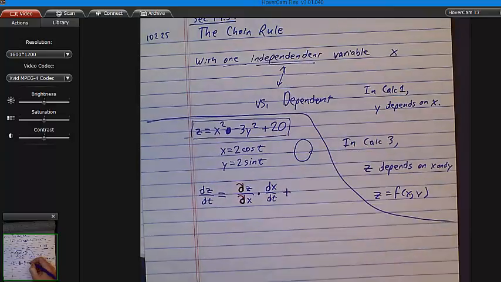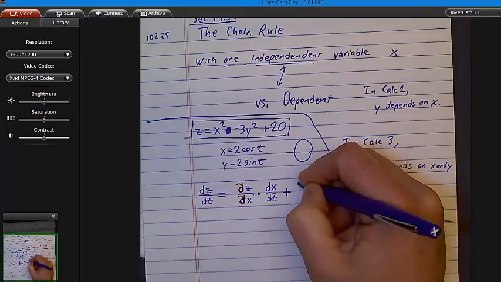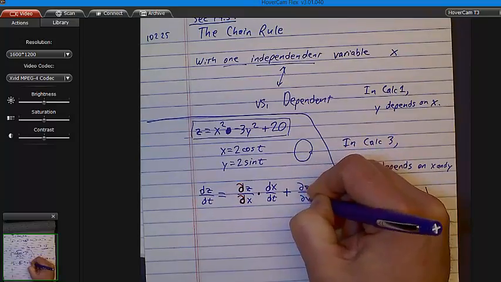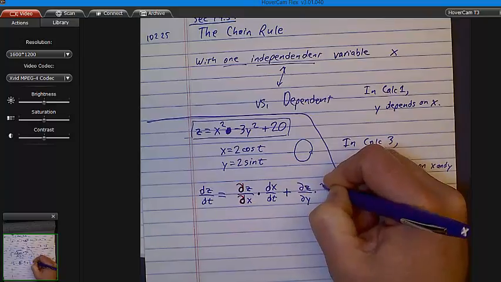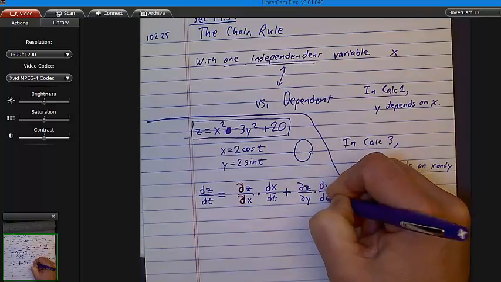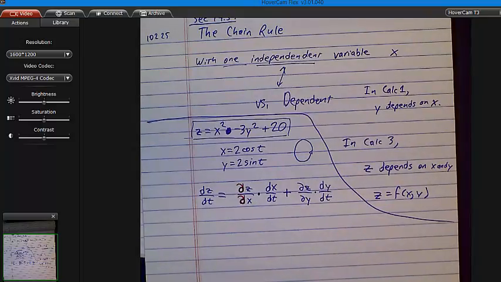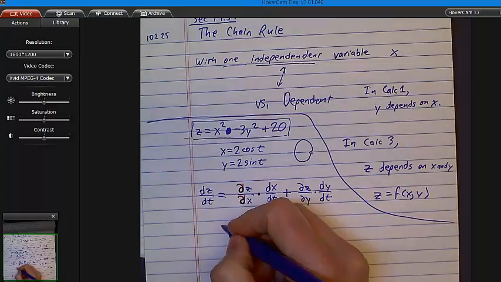Plus curly d z dy times dy dt. Regular dy dt. So that's the chain rule. The chain rule says this is the rule for the derivative of z with respect to t. All right, here I go. dz dx is going to be what?